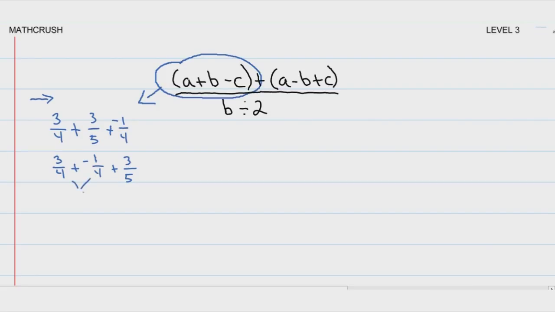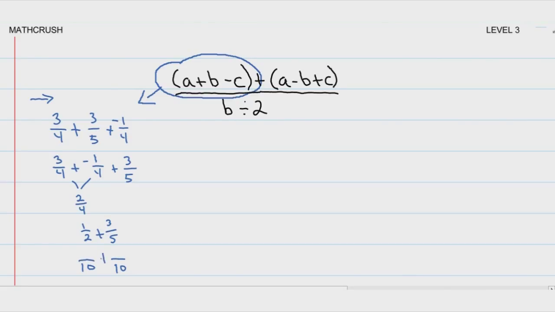So if we combine these two, we get 3/4 minus 1/4, or plus negative 1/4, which will give us 2/4, which actually equals 1/2, plus 3/5. So you end up with 1/2 plus 3/5, and we just find a common denominator now, which is 10. And you ask yourself, how did I change 2 to 10?